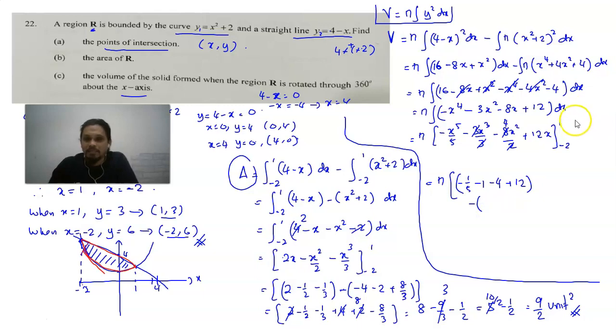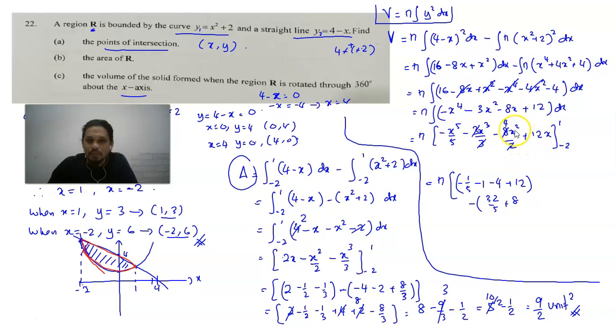Now, substitute every single x that we have with negative 2. Negative 2 to the power of 5 is negative 32. Negative 32 times negative becomes positive, 32 divided by 5. Negative 2 cubed equals negative 8. Negative 8 times negative becomes positive 8.